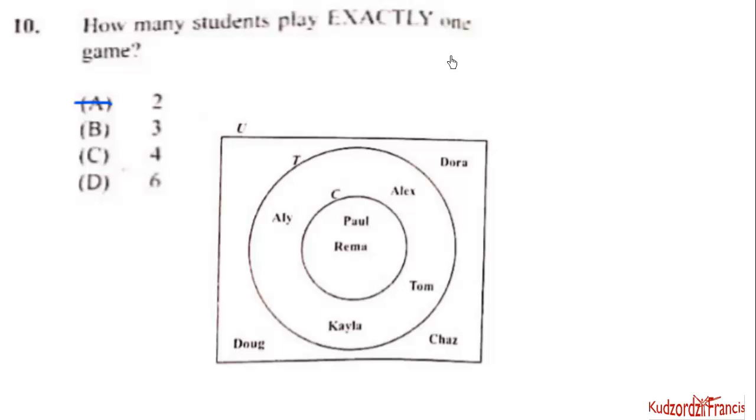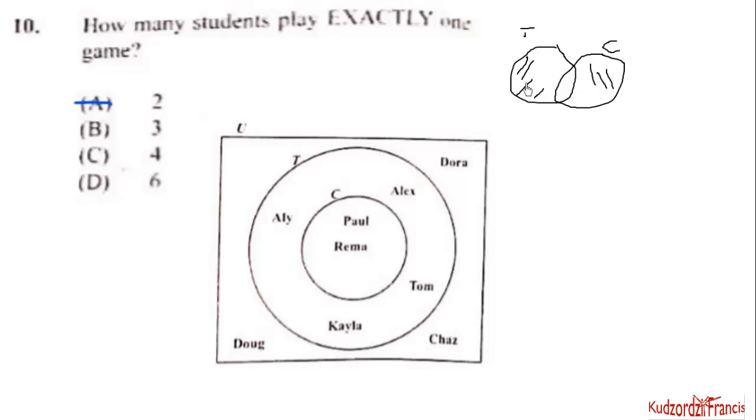Now let's look at the 10th item. How many students play exactly one game? Like we saw earlier, exactly one game is this region plus this region. This is tennis and this is chess.